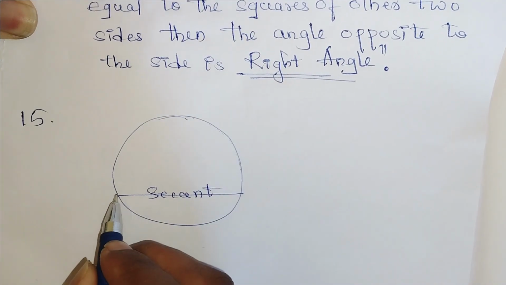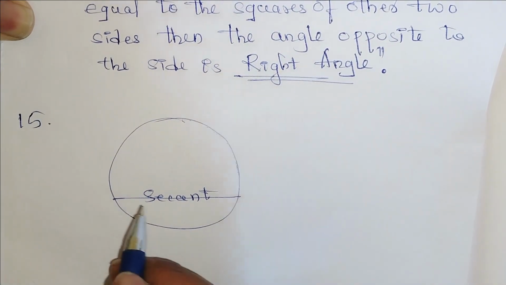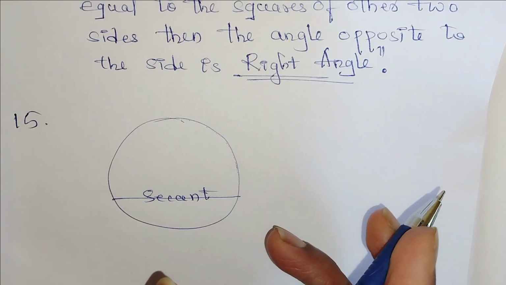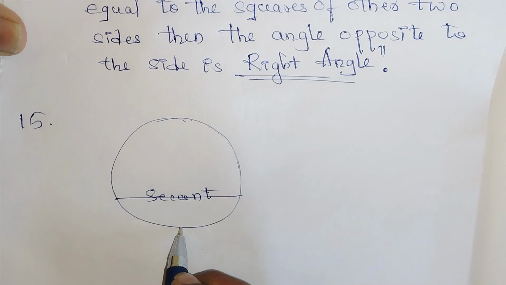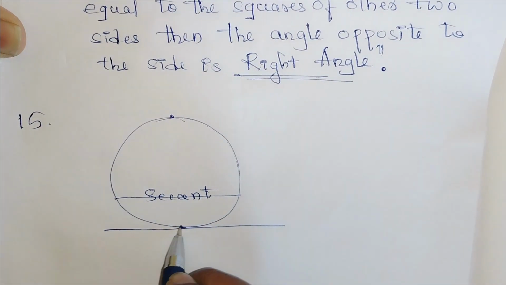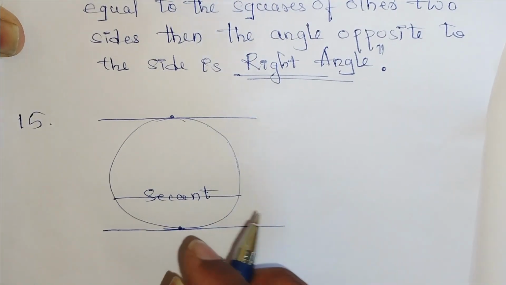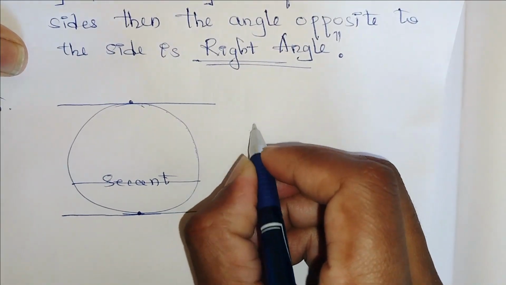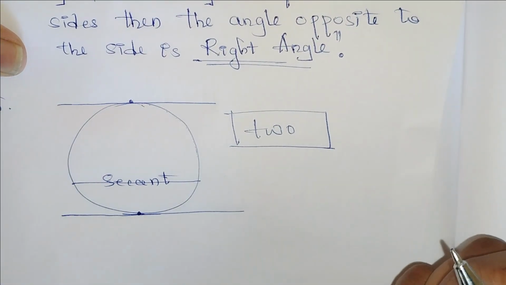How many tangents can be drawn parallel to the secant of a circle is asked here. So two tangents can be drawn parallel to a secant of a circle. So the answer is 2. We have to say it in words, that is, two.